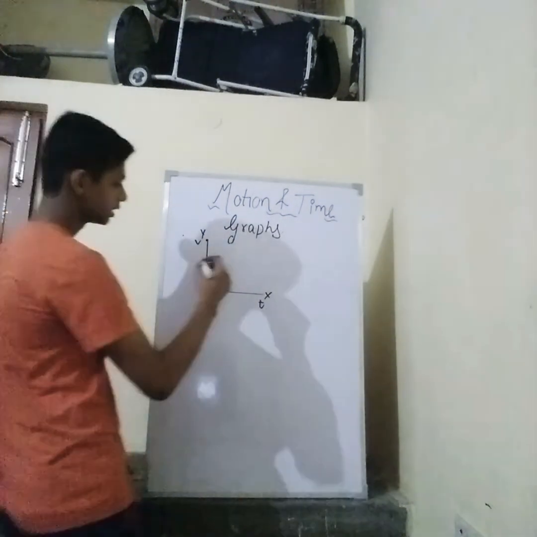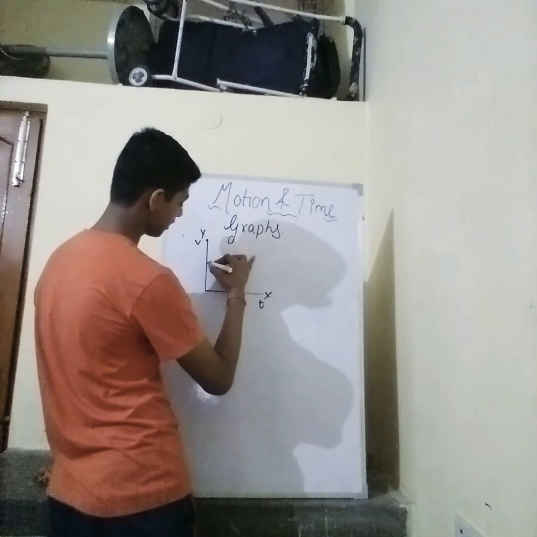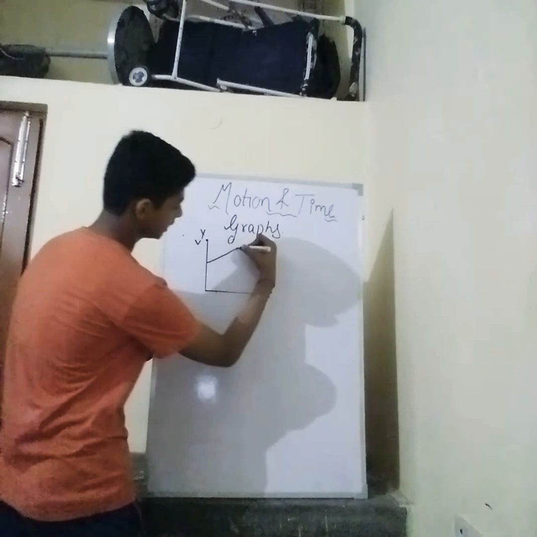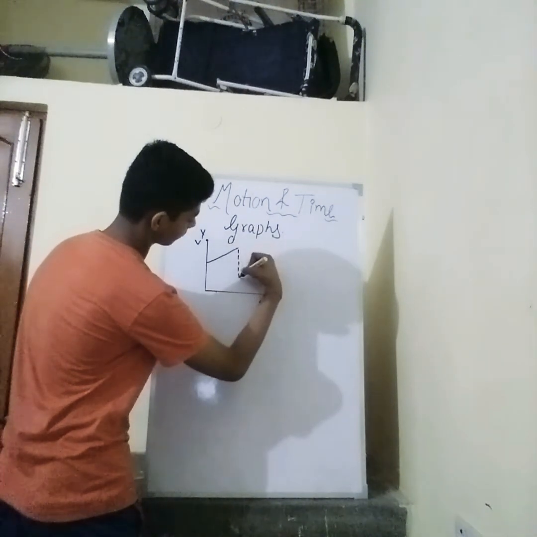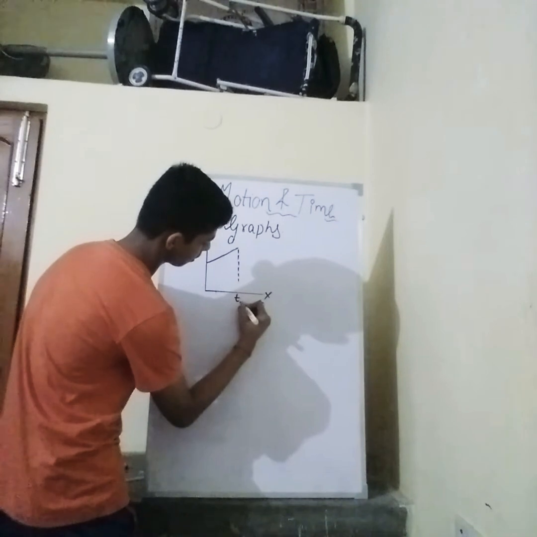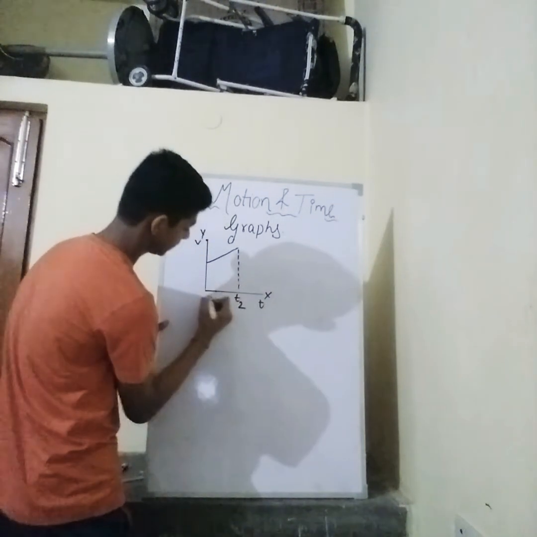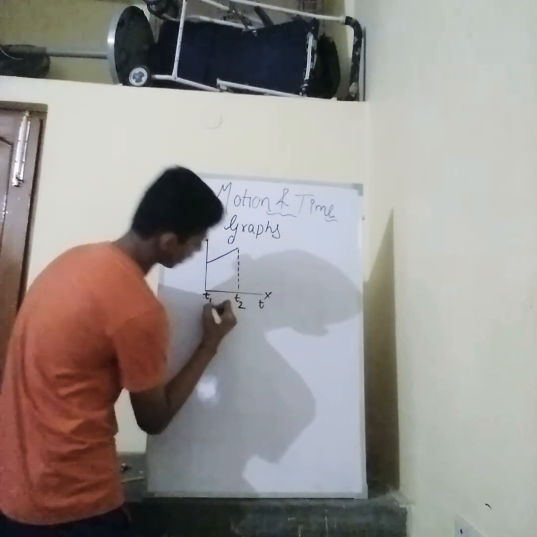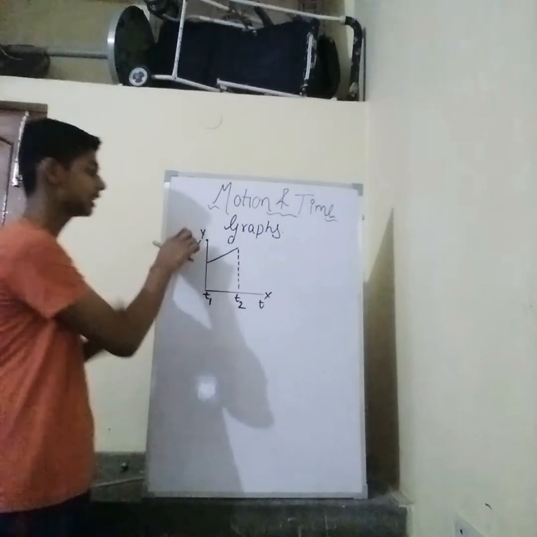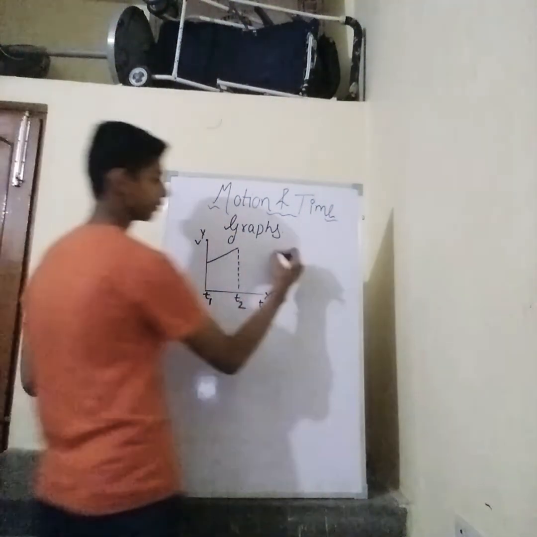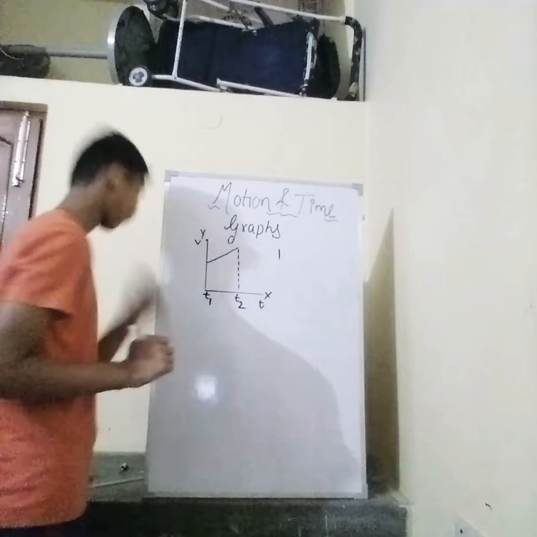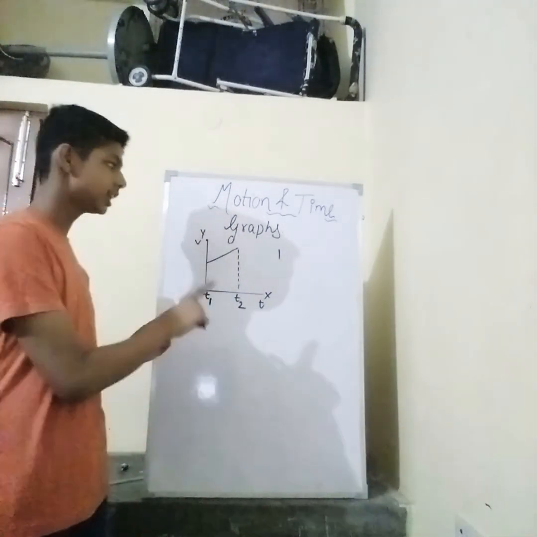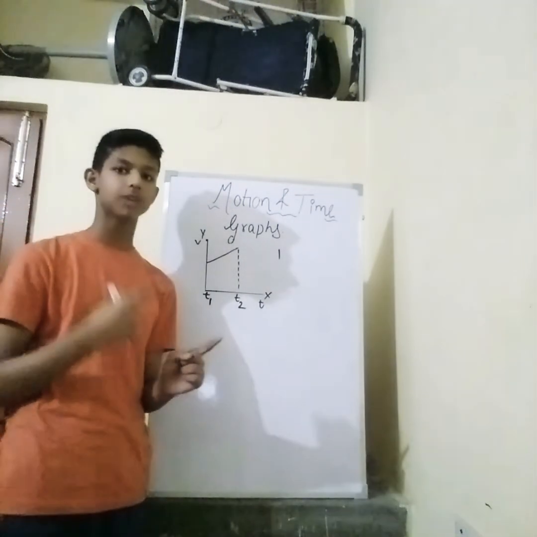Now, suppose that we have gone through here to here. This is time 2 and this is time 1. Now we will see the first equation of motion, which is final velocity is equal to initial velocity plus acceleration into time.